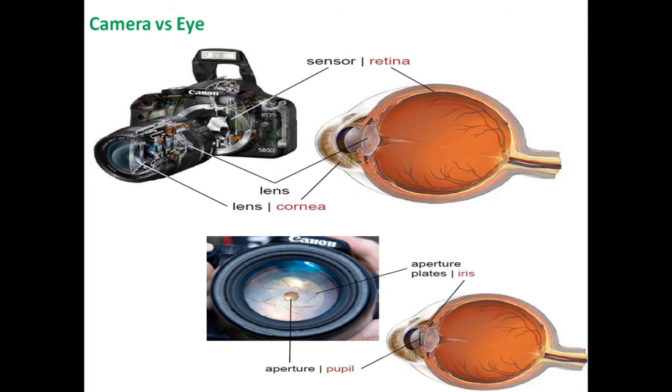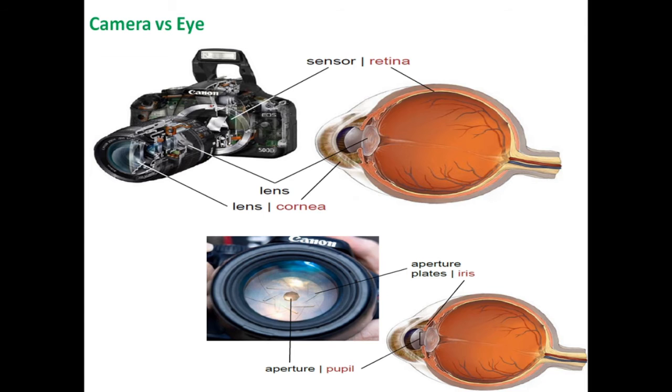As I said, the retina is connected with the optic nerve. This optic nerve transmits all the visual information, which may be brightness, color, or some kind of perception or contrast of the scene.